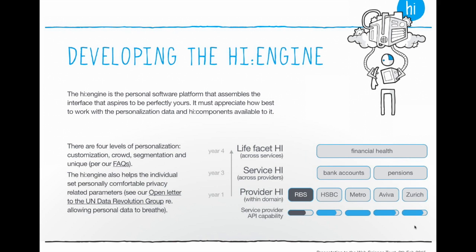With broader adoption and some appropriate technical architecture that has to come into play, we can then achieve service HI, which can span accounts with different banks, for example, before reaching the picture of having a nice cup of tea that we saw earlier, labelled here as the life facet HI. Critically, it really is important to note here that the HI project is not an intermediary.